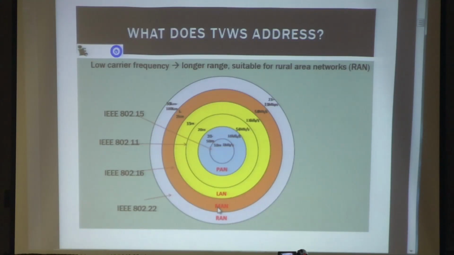So what exactly does TV white space address? What this plot shows is a three-dimensional chart showing the data rate versus the range versus the kind of standard. So here in the central circle is the transmission with the lowest ranges.